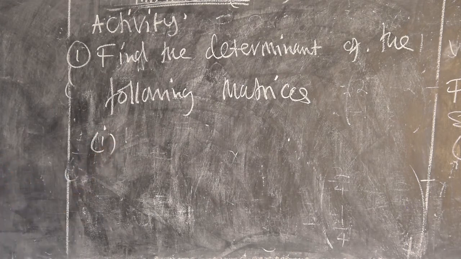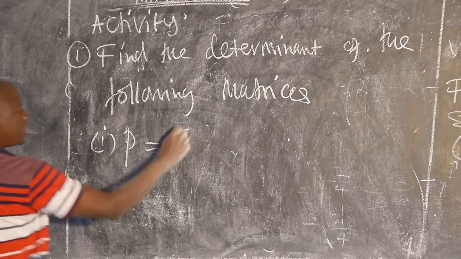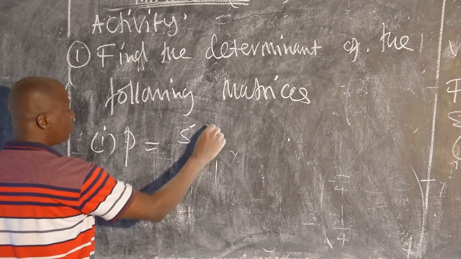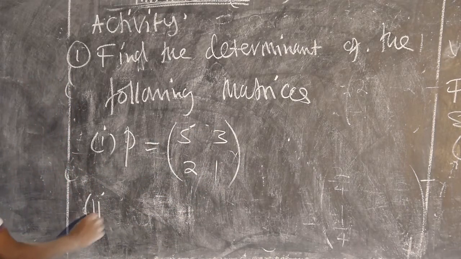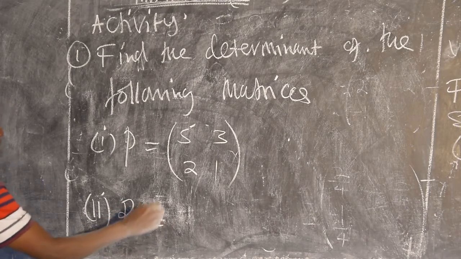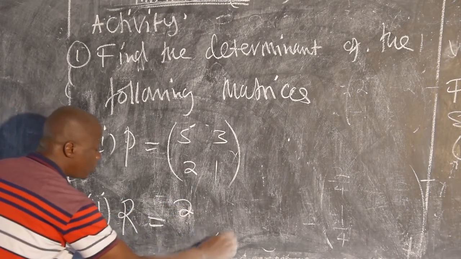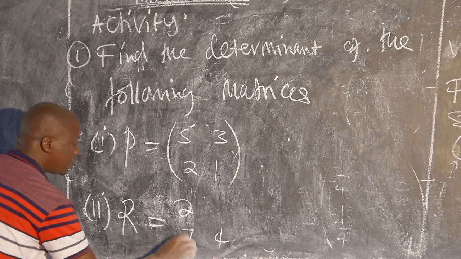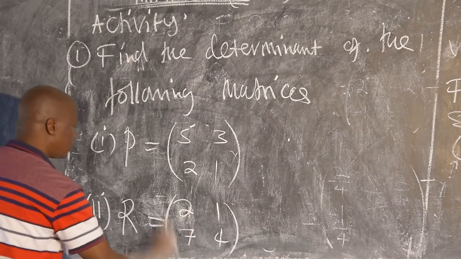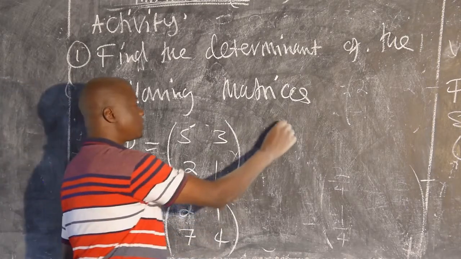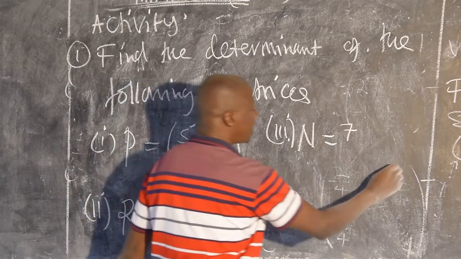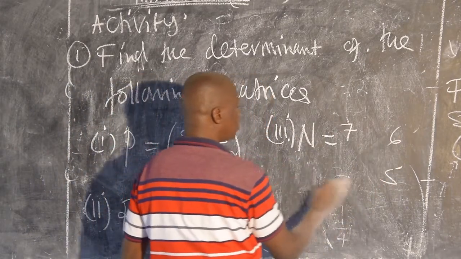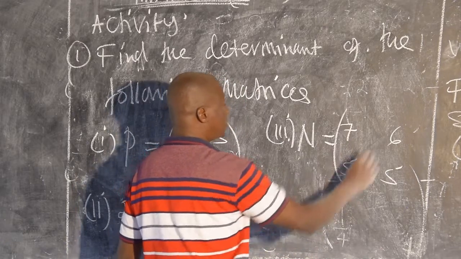Case 1, we have P equal to 5, 1, 3, 2. Case 2, we have R equal to 2, 4, 7, 1. Case 3, we have N equal to 7, 5, 6, 5.